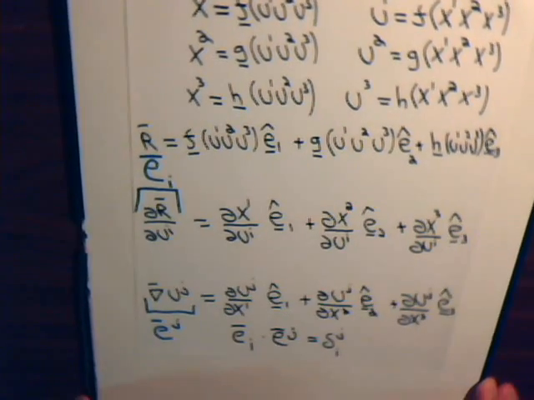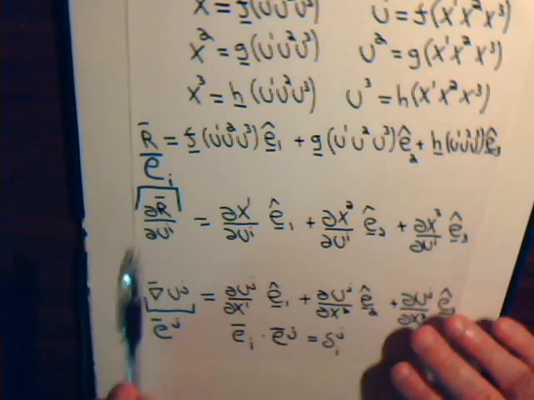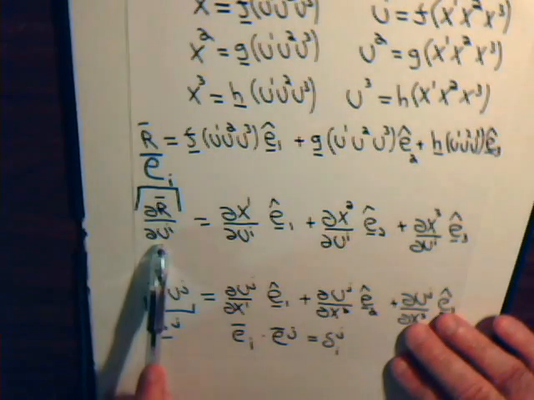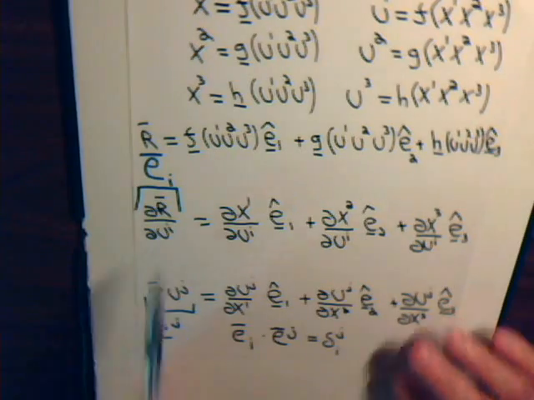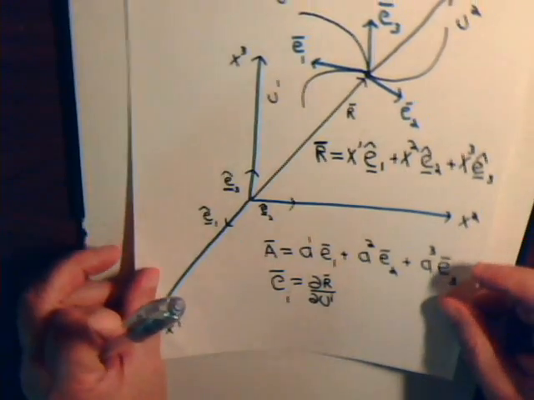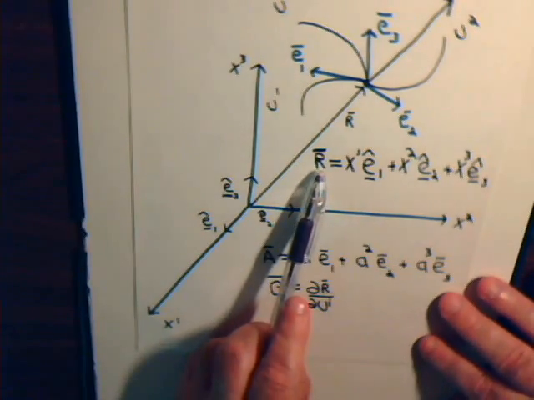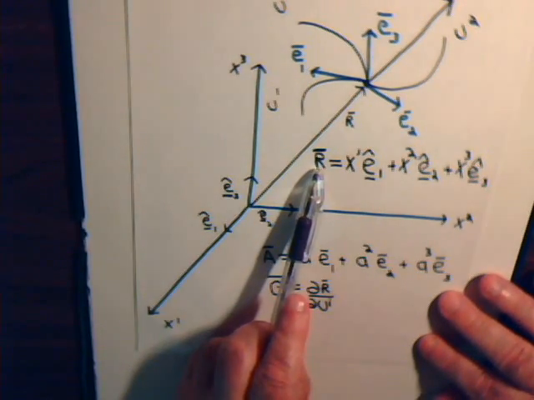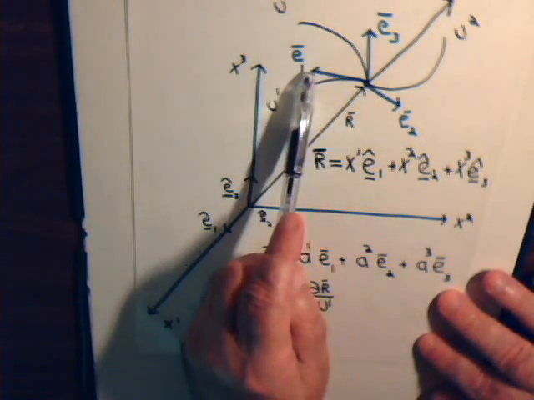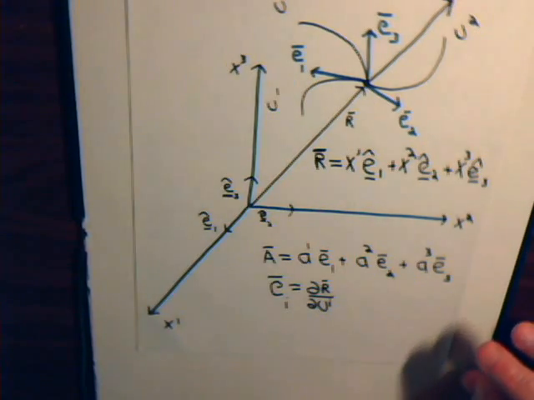The point is that when we do that, this gives us a vector that is tangent to a specific u-coordinate axis. For example, if we take the partial of the position vector with respect to u1, that gives us the tangent vector to the u1 coordinate axis.